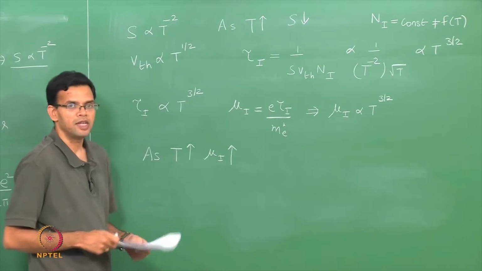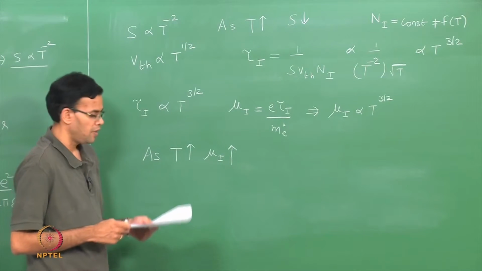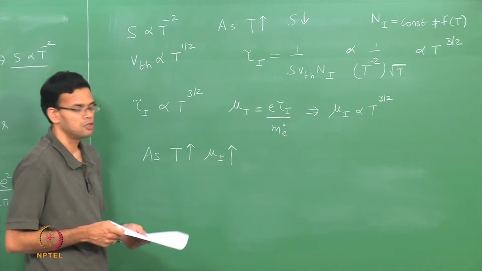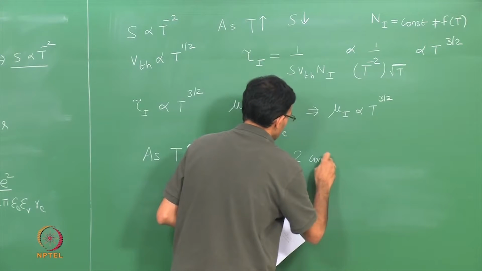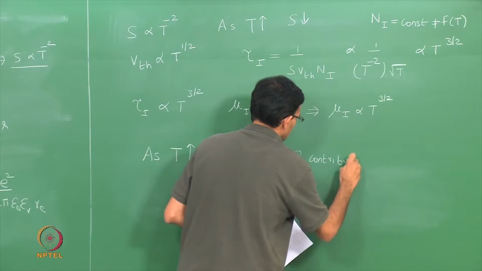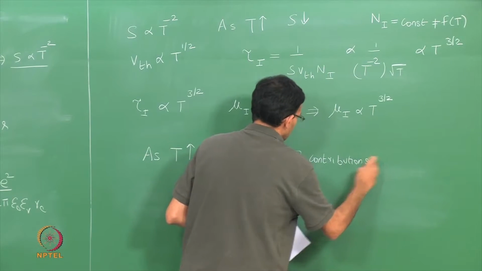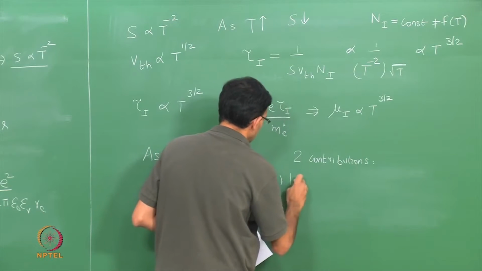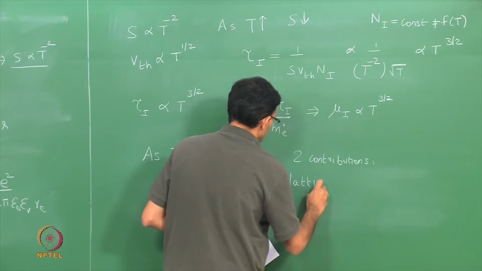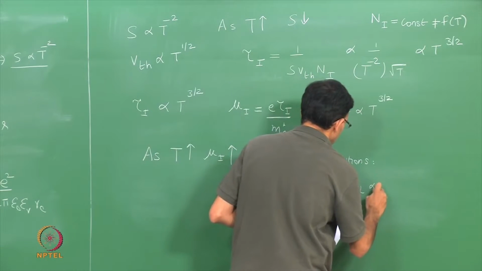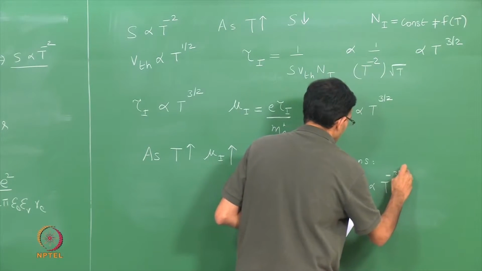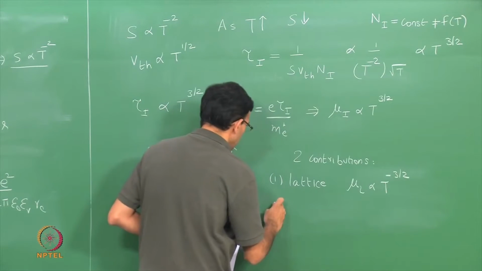So, in the case of an extrinsic semiconductor, we have two contributions to the mobility. One is from the lattice, and we saw earlier that this is proportional to T to the minus 3 half.